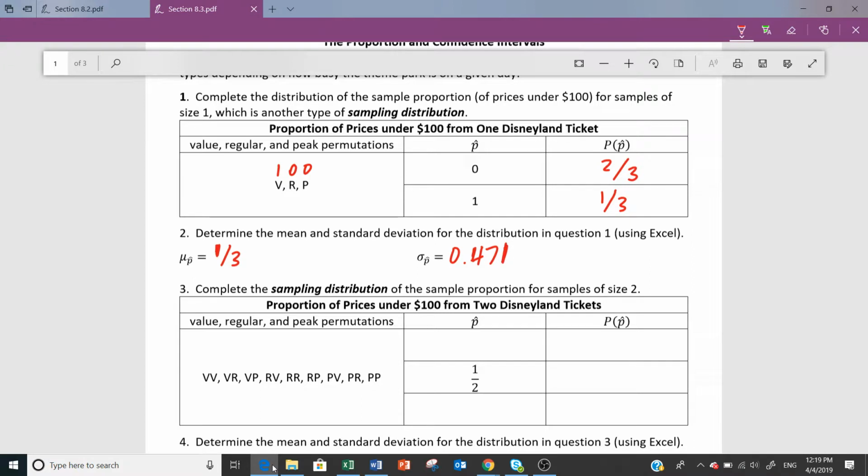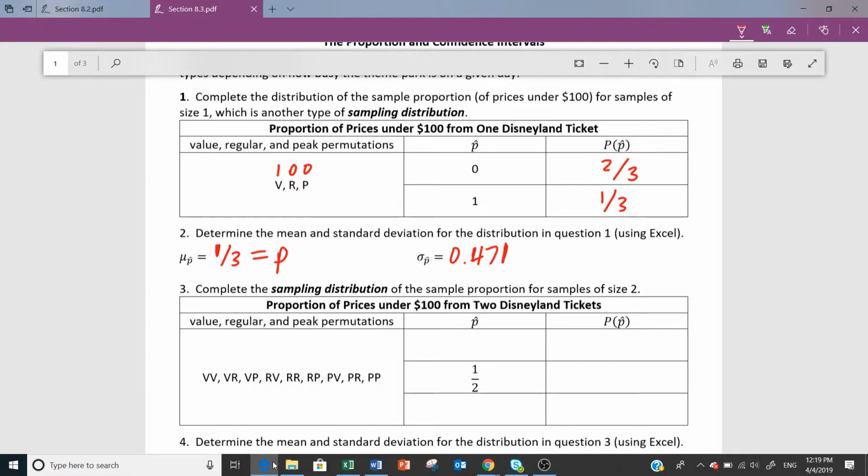Okay, this is also called the population proportion. The population proportion has this symbol P, and it's just the proportion of values in the population that are under 100. How many values in the population were under 100? 1 out of how many values total? 3. We call that the population proportion.